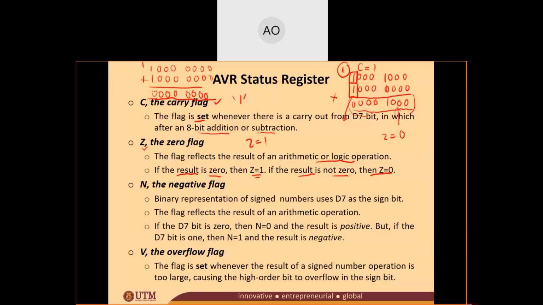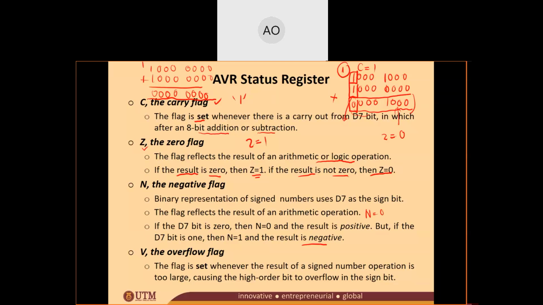If the D7 bit is 0, then N equals 0. So every time you do the addition or subtraction, the CPU looks at this bit 7, and if you get 0 there, then N equals 0. So the CPU knows that this number is a positive number. But if bit 7 is 1, then N equals 1, which means that the result is a negative number.